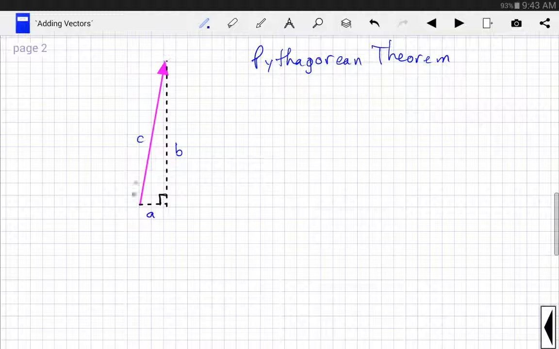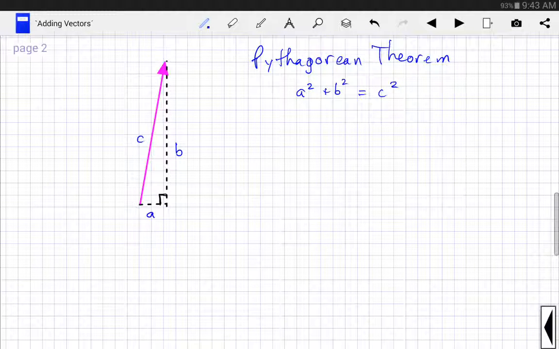The hypotenuse is the longest side in a right triangle. It's also the side that is opposite the right angle. So here's the right angle. The side that does not touch that right angle is the hypotenuse. The Pythagorean Theorem says a squared plus b squared equals c squared.